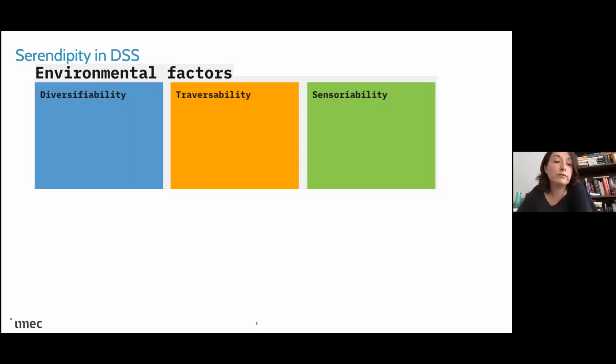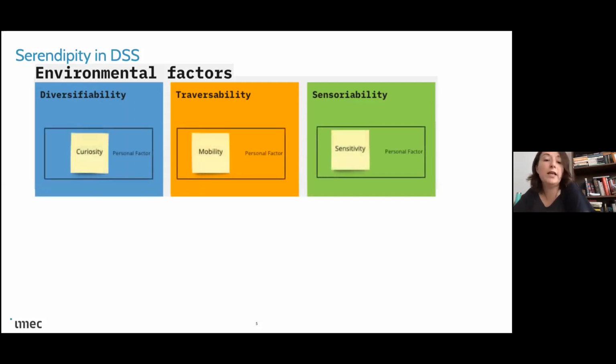An important factor, as mentioned, was the user involvement as well. Björn Born, who wrote about serendipity, has mapped 3 personal factors that can actually be very easily mapped on the environmental factors.